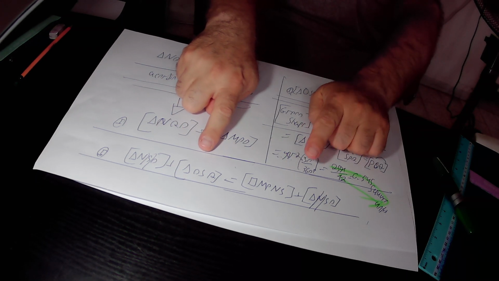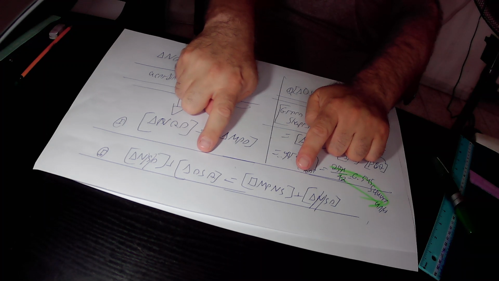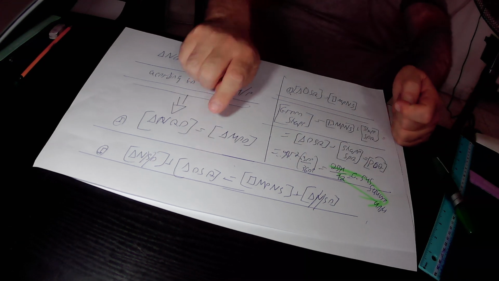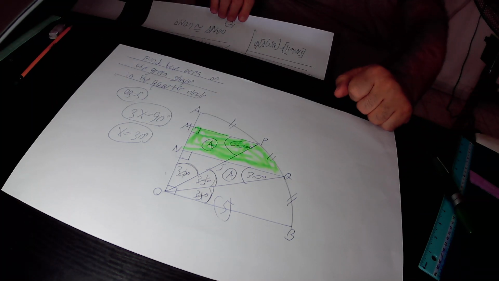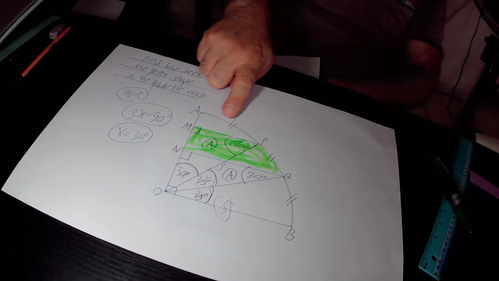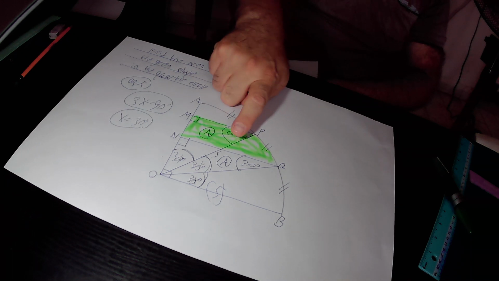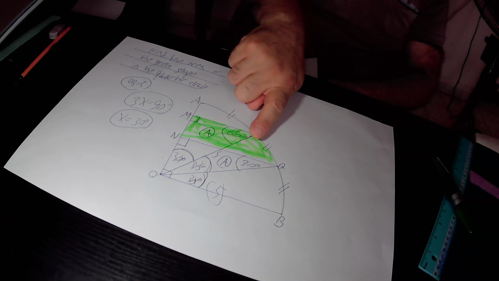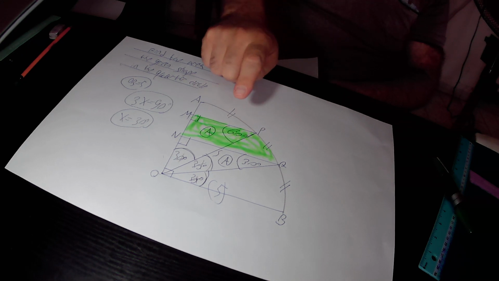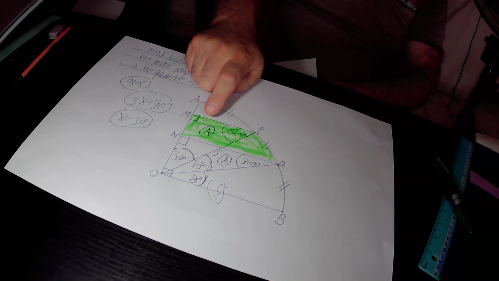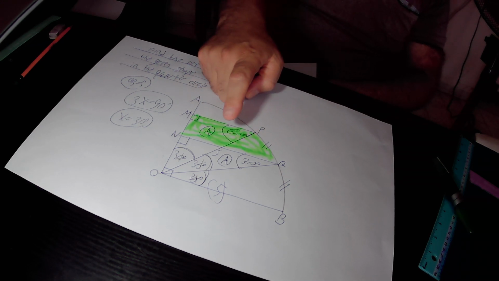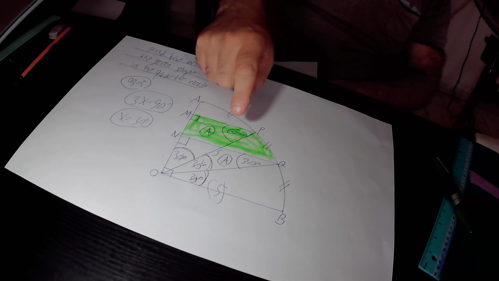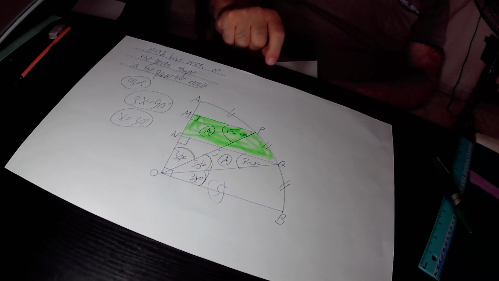That is to say, we found out that the area of triangle OSQ is equal to the area of quadrilateral MNSP. If we call the area of this green quadrilateral MNSP A, then the area of triangle OSQ must also be equal to A because they have the same areas.